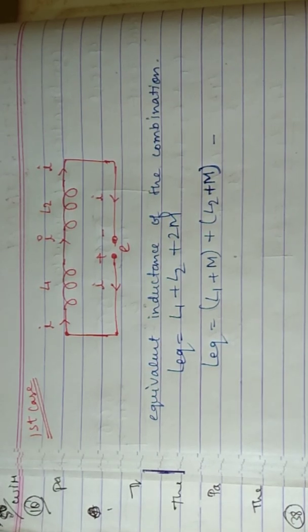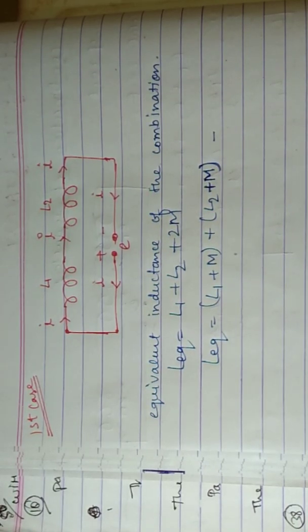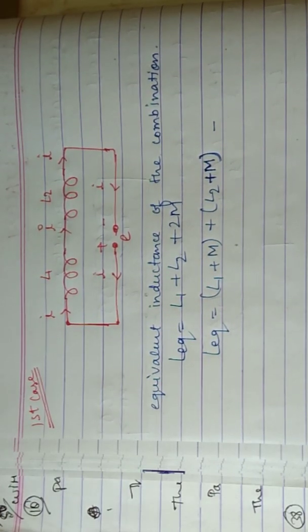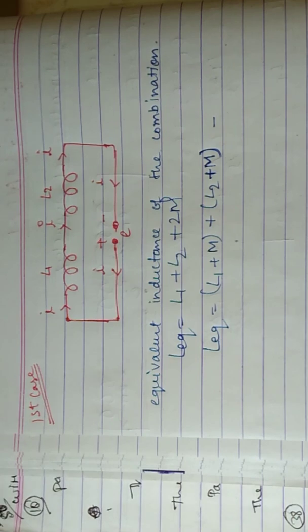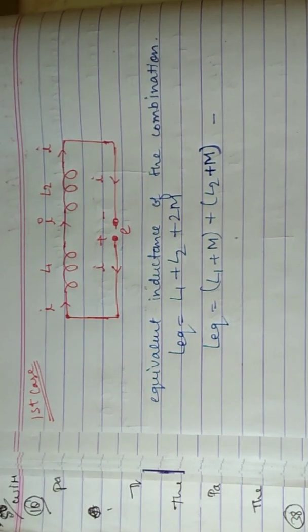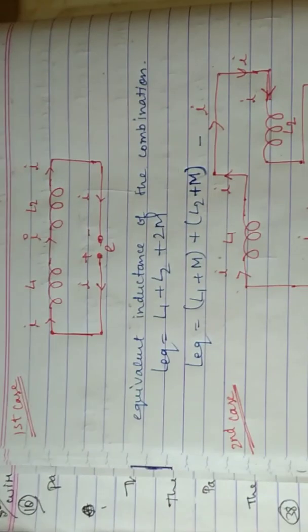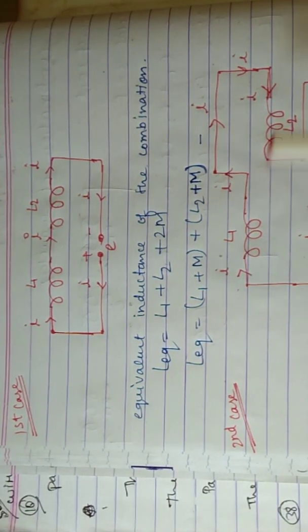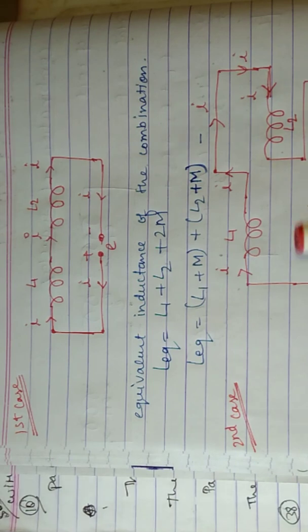Now there is a second case also in which the coils are just reversed, so that the currents flowing through them are in opposite directions. Let me make it. Now it is clearly seen in the figure that the current in both the inductors is in opposite direction, because I have reversed the polarity.